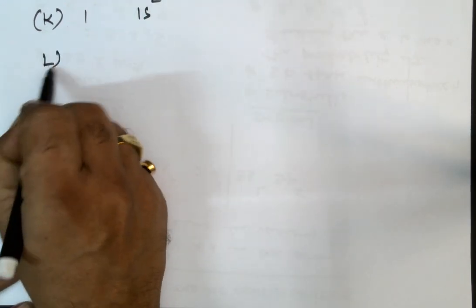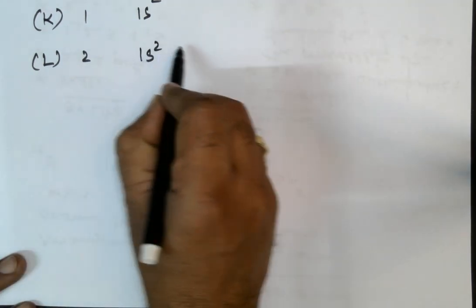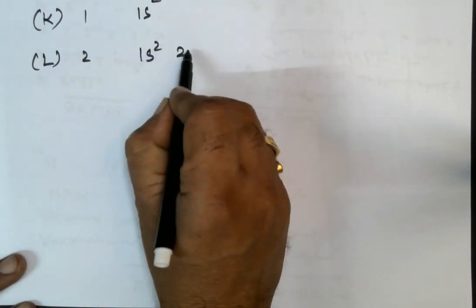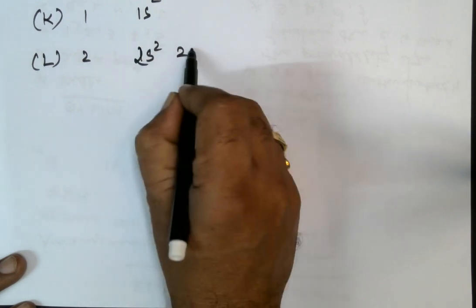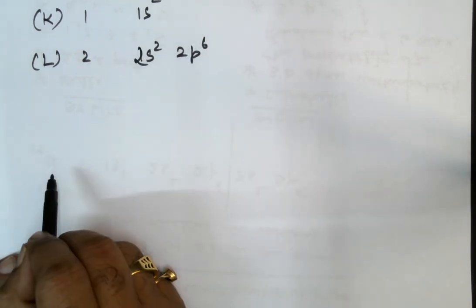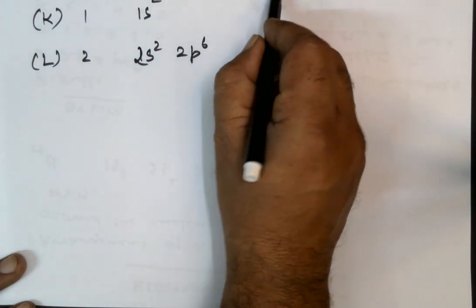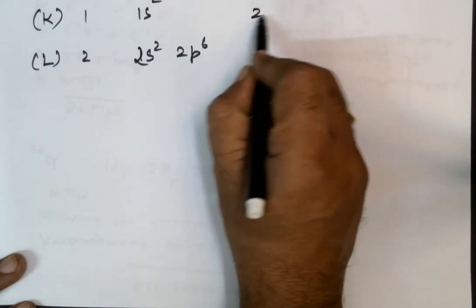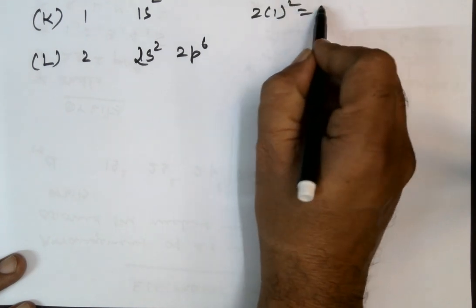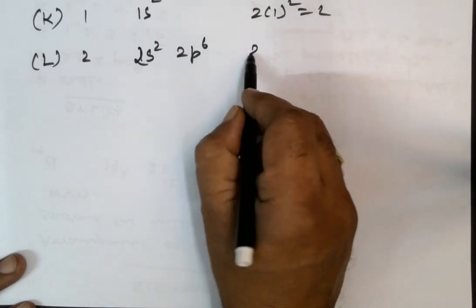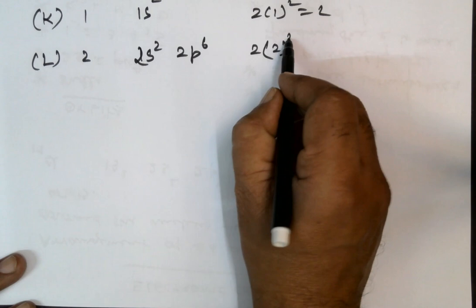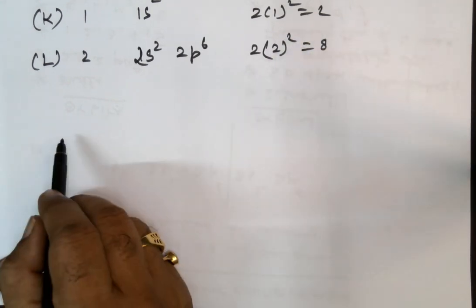In the second shell, that is L shell, you have 1s2, 2s2, 2p6. So we have already got a formula 2n squared, is it not, for orbit? So 2 into 1 squared is equal to 2 electrons. In this case 2 into 2 squared, that is 8 electrons.